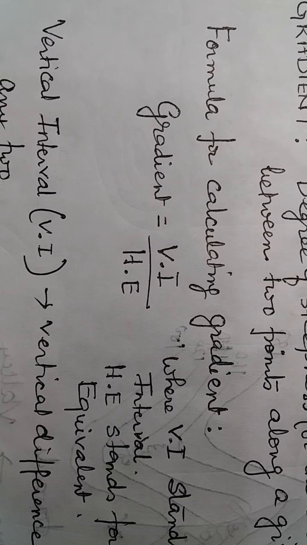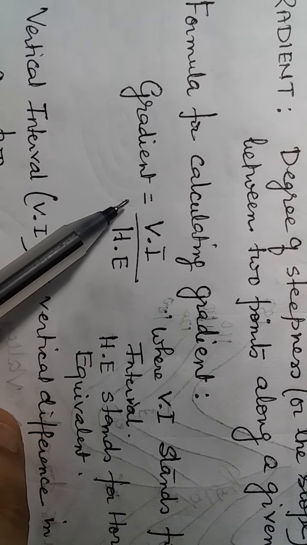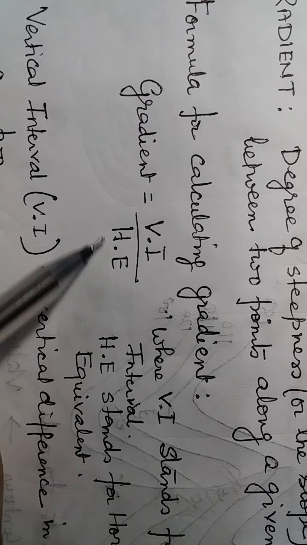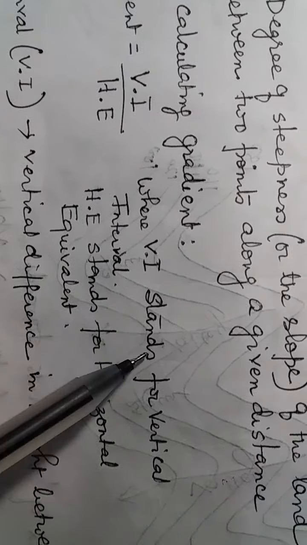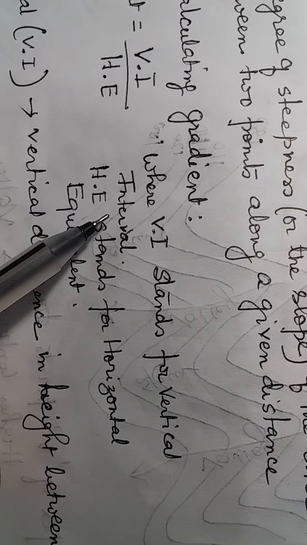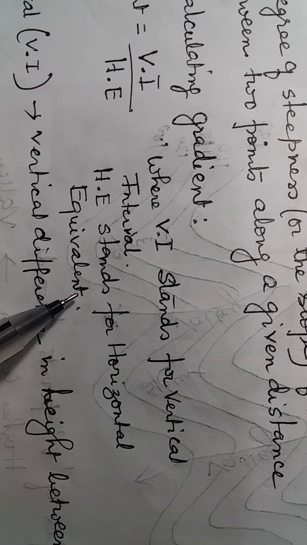For calculating gradient, we will be using this formula. Gradient is equal to VI upon HE, where VI stands for vertical interval and HE stands for horizontal equivalent.